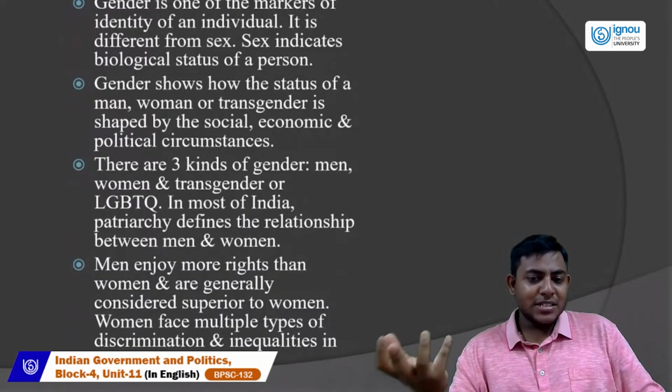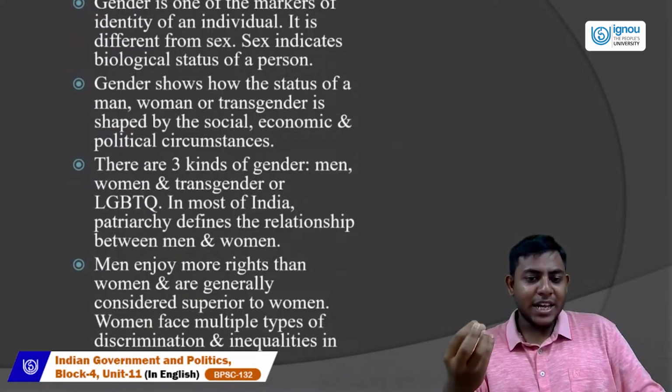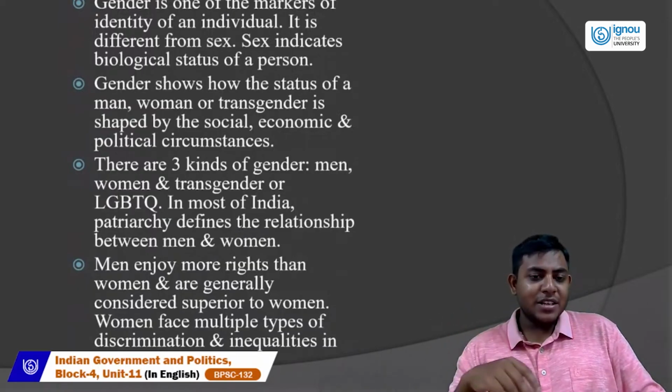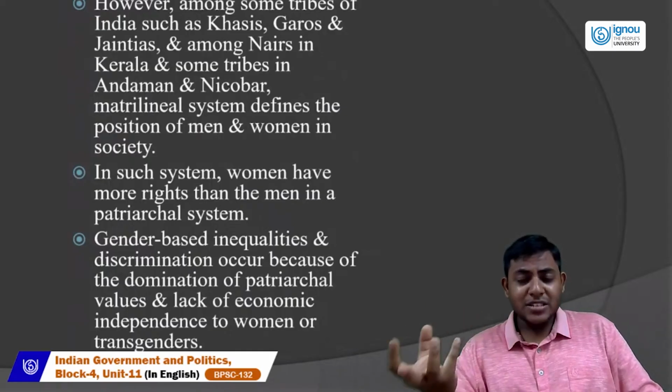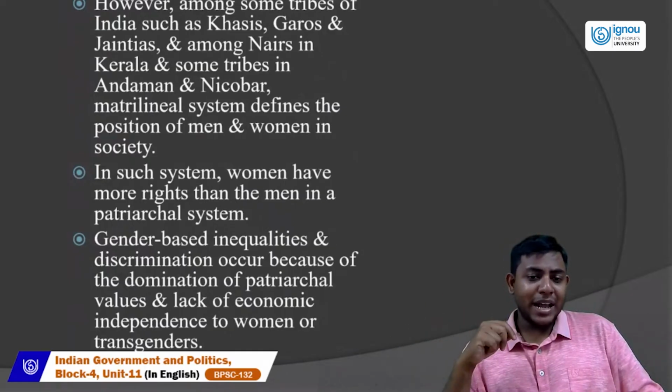So we discussed how the patriarchal society discriminates against or affects women and the transgender community in India. We discussed the multiple types of discrimination and inequalities faced by women and transgender communities, and also some of the ways through which these discriminations can be tackled.